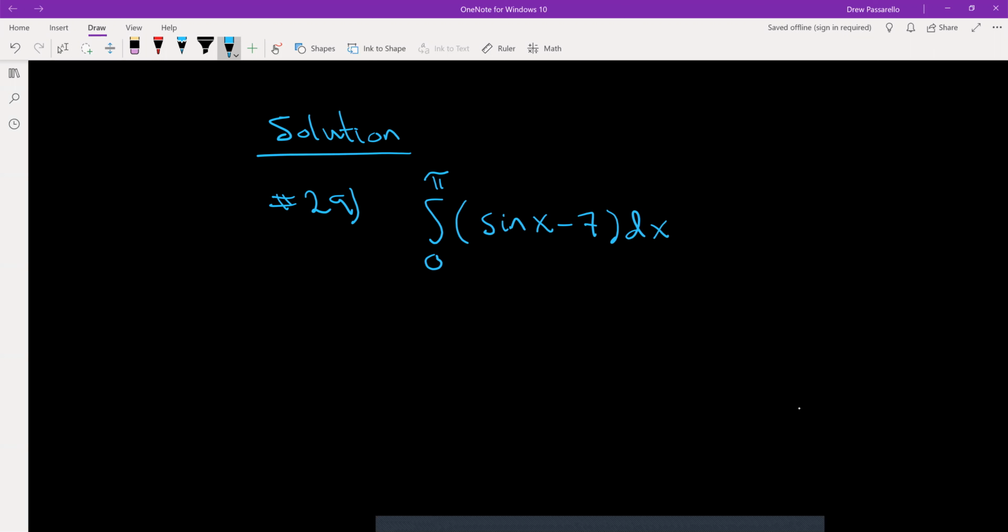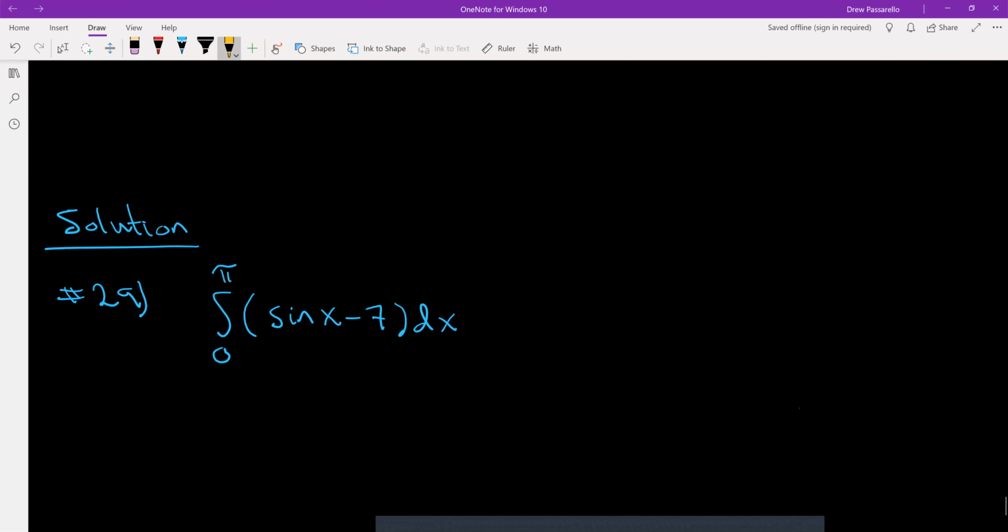All right, so you have to remember your integration rules for the trig functions. And integrating sine, the derivative of sine is cosine, but the integral of sine is negative cosine.